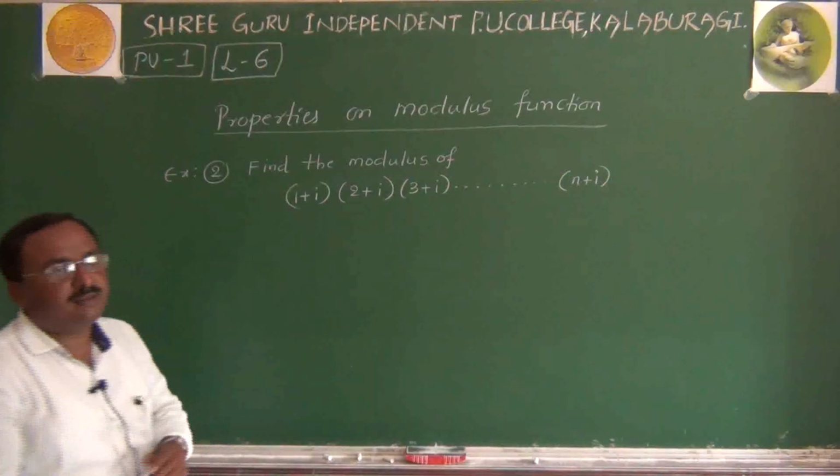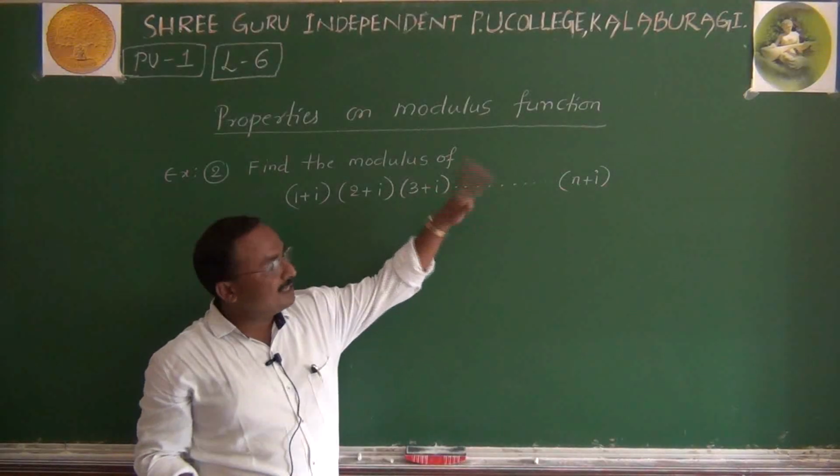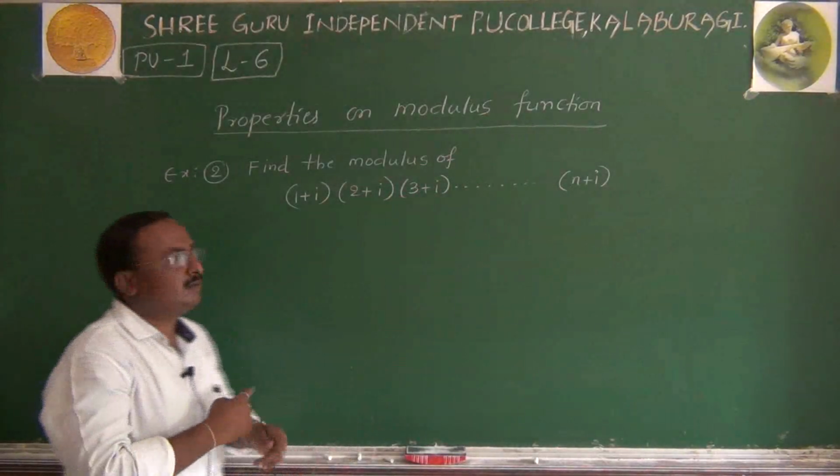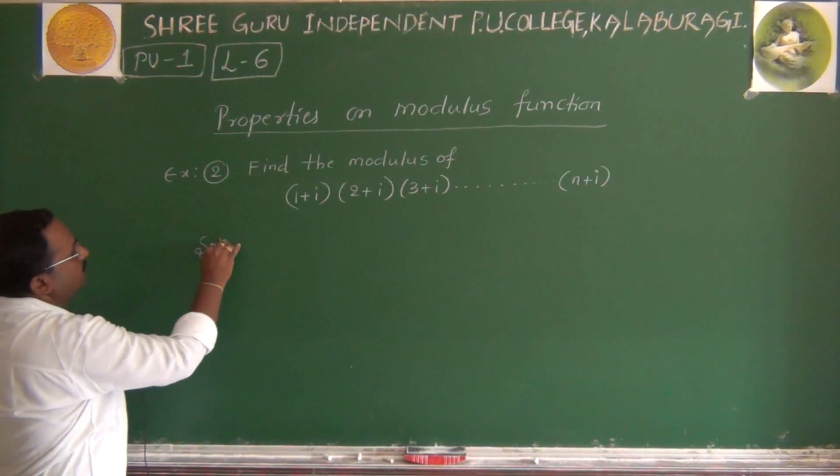In general, the first complex number, second complex number, third, fourth, up to the nth complex number are in this form. Very simple. Keep it in your mind.